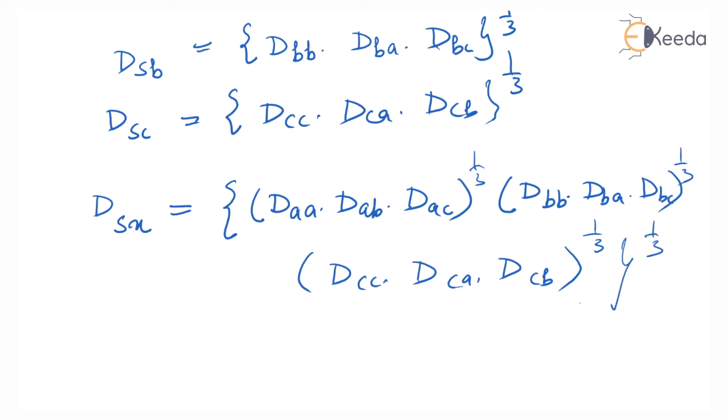So 1 by 3 into 1 by 3 is equal to 1 by 9.